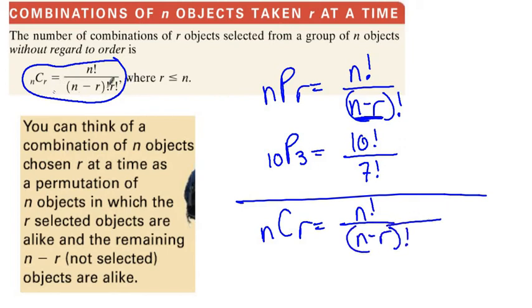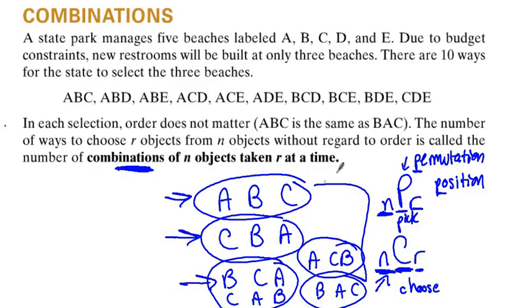We have to divide by this extra r factorial because that's getting rid of all the repeats. So in the track and field example, there were 3 people finishing, so we would have divided by 3 factorial, which is 6. You can probably tell there are 1, 2, 3, 4, 5, 6 duplicates basically every time somebody finishes that race.